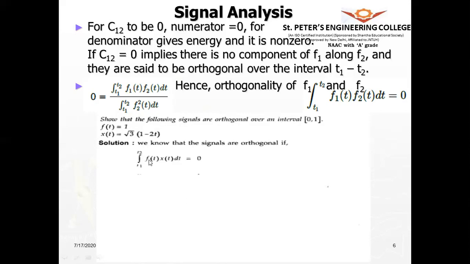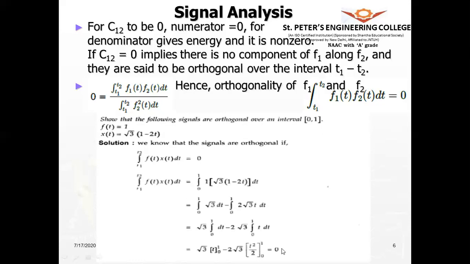That is the integral of the multiplication of the first signal and the second signal between the limits is equal to 0. So when we integrate it, we see that we get the value as 0. So therefore, we say that the two signals f of t and x of t are orthogonal to each other. That means they are mutually perpendicular.